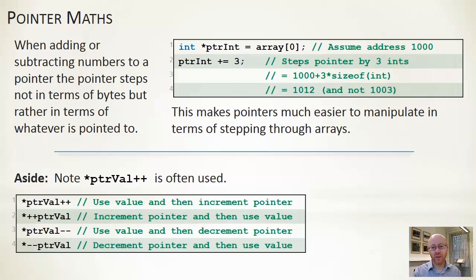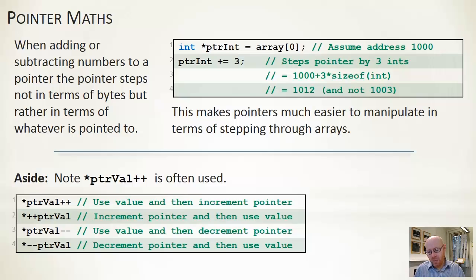If we have a look at the fragment of code at the top, let's assume that we have an array already created somewhere in memory, and ptrint, an integer pointer, points to the address of the first element within that particular array. So ptrint contains the address of the start of that array. In line 2, we're doing ptrint += 3.